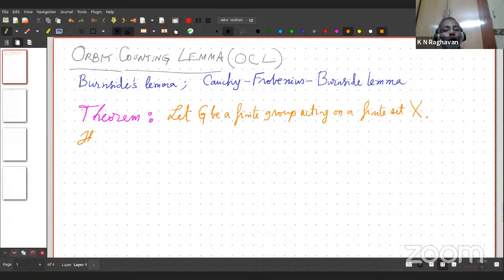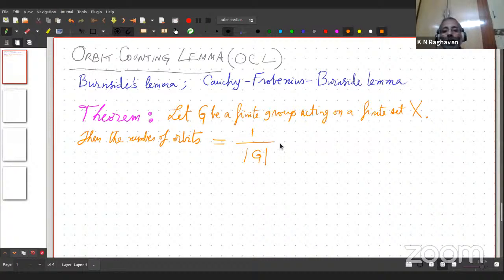Then the number of orbits equals, so the number of orbits here, of course, means the number of G-orbits for the action of G on this set X, equals, and here is the formula, and it's a beautiful formula, 1 over the order of G. It's a finite group, so this makes sense.